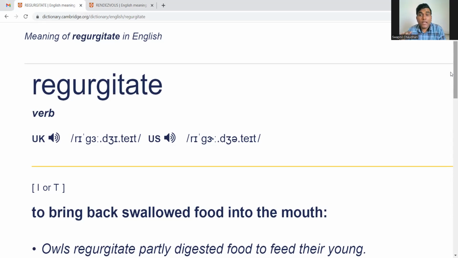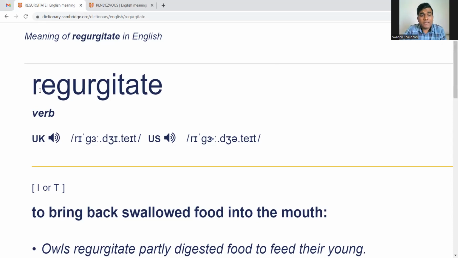For example, the word important. If you pronounce this word with the wrong stress, you're gone. Your students would just run away from you, right? You need to know where the stress is.